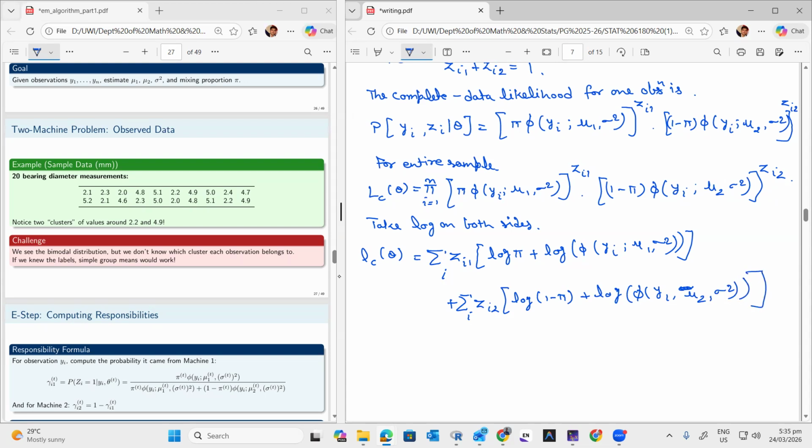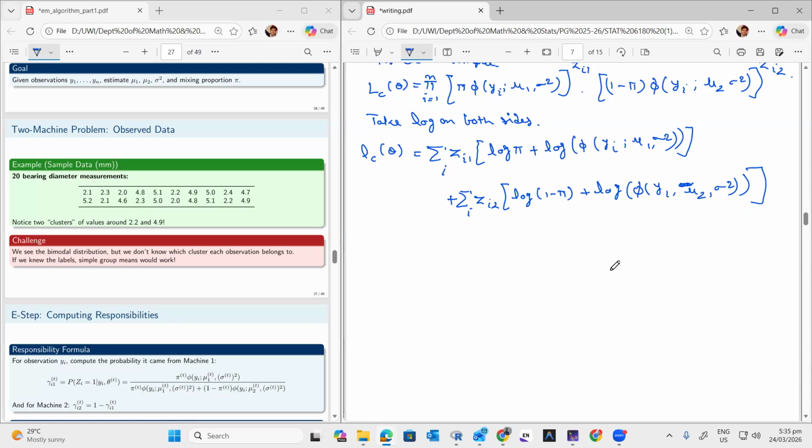All right. So now use the normal density function here. Both of them are normal distribution density functions. So what is log phi of yi? What is the PDF of the normal distribution? That is 1 upon sigma root 2 pi into e raised to the power minus 1 by 2 sigma square x minus mu whole square.